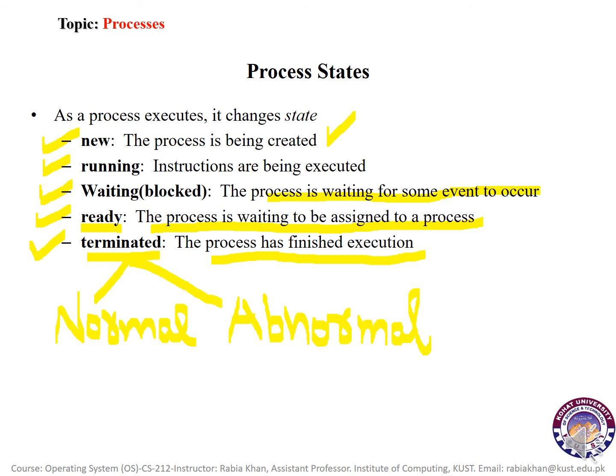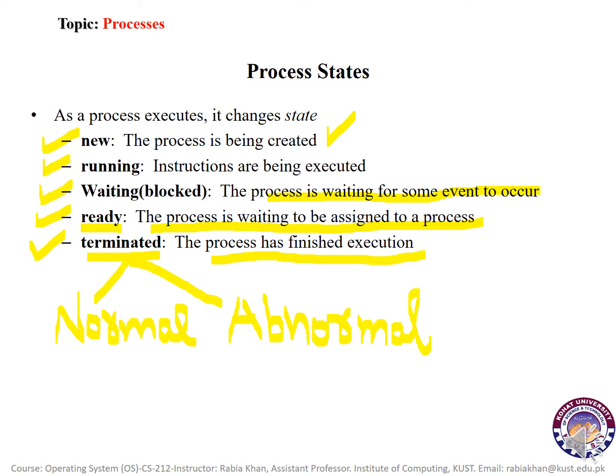In that case, a running process which is not functioning properly, or which requires some resources which are not currently available, is forcibly terminated, either by your operating system or you terminate it yourself.